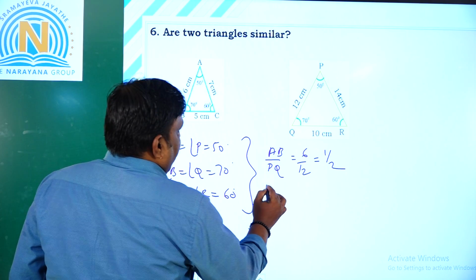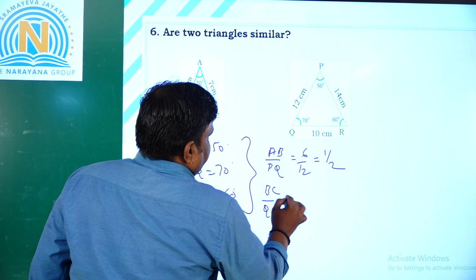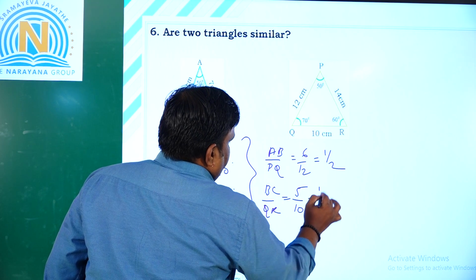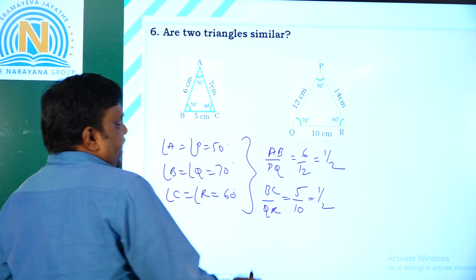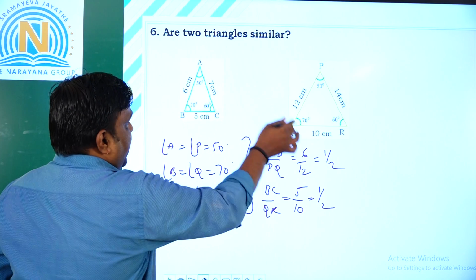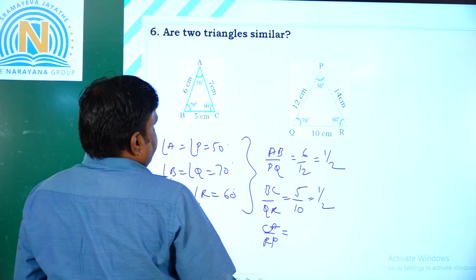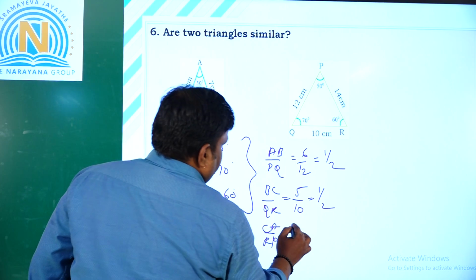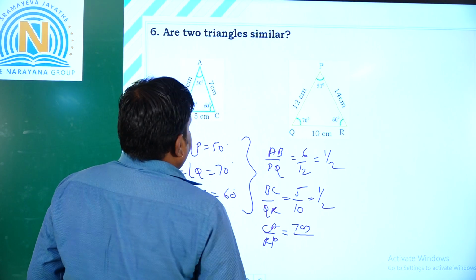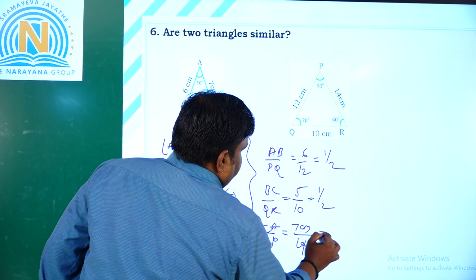BC by QR is 5 by 10, again 1 by 2. CA by RP is 7 centimeters by 14, again 1 by 2.